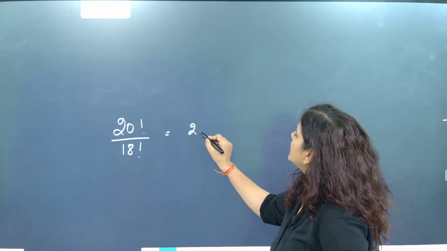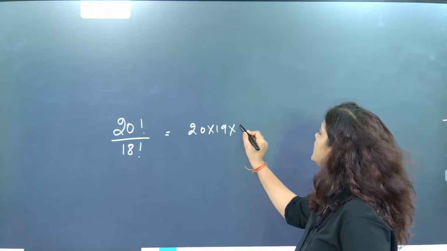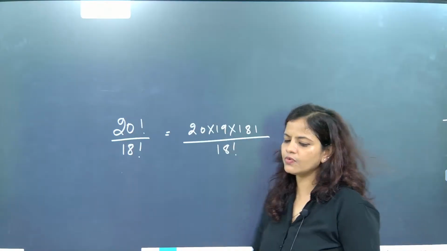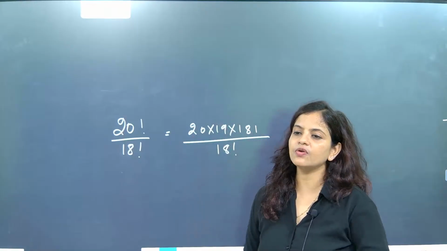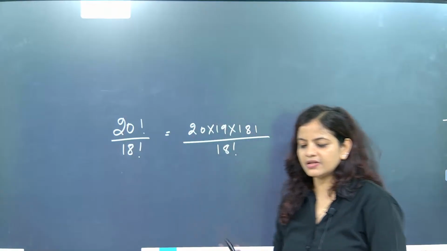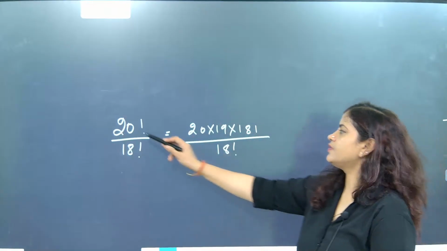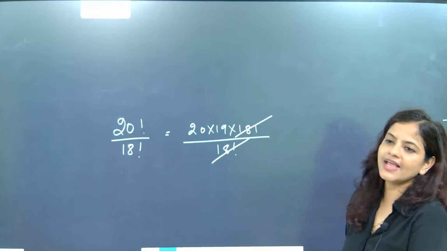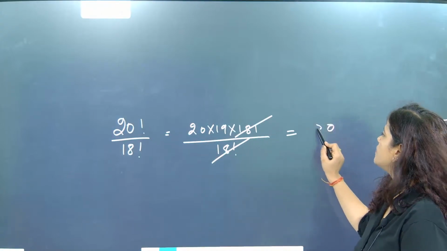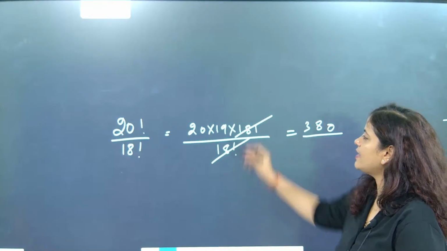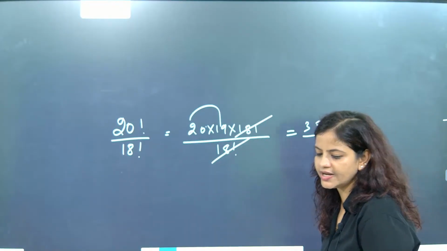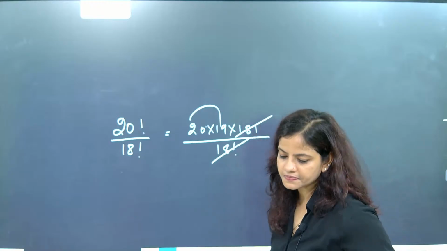It will become 20 into 19 into 18 factorial by 18 factorial. Why would we open till the end and then multiply? We can't do that. Better, 20 into 19 into 18 factorial by 18 factorial, and 18 factorial will get cancelled. So what answer will come? 380. Because 2 nines are 18 and 2 ones are 2, 3. 380 is coming.